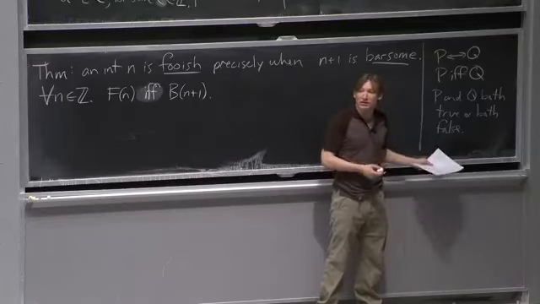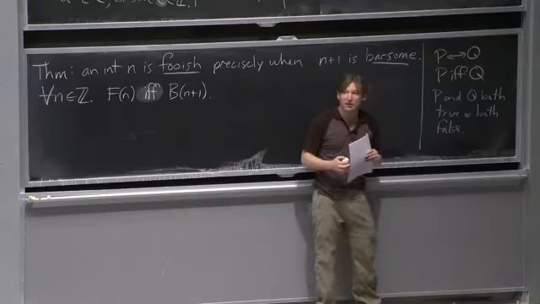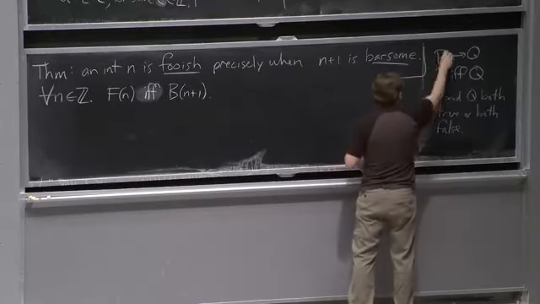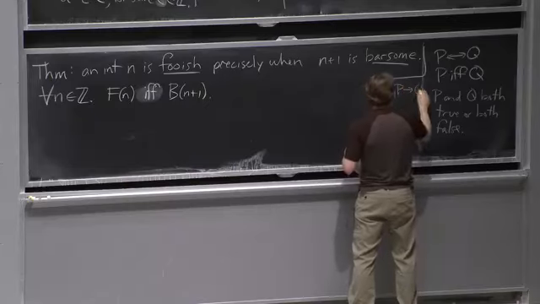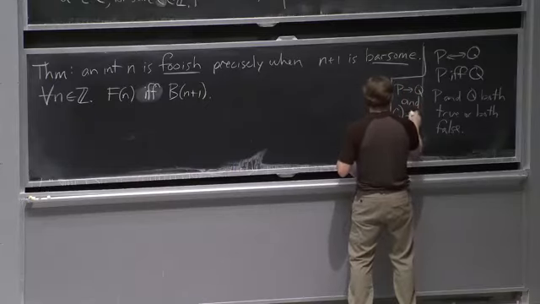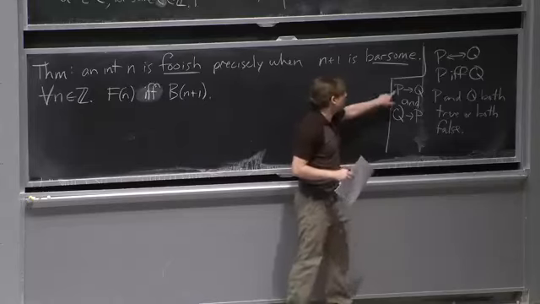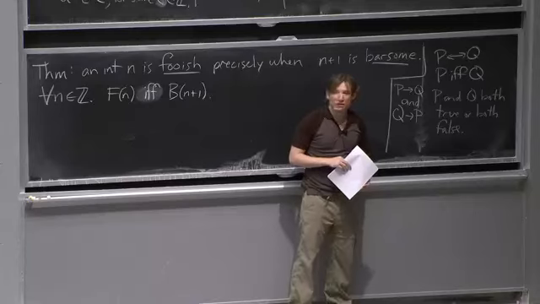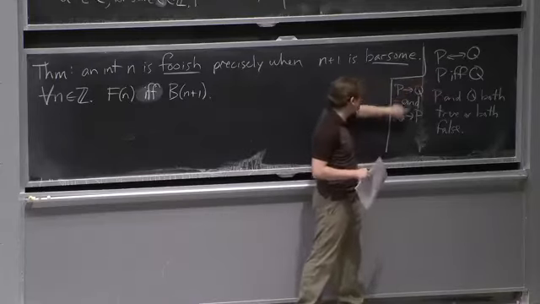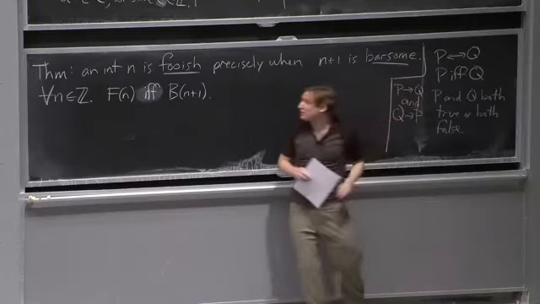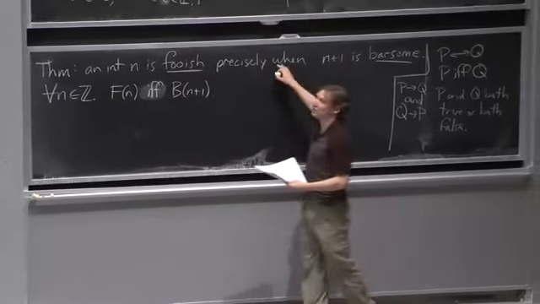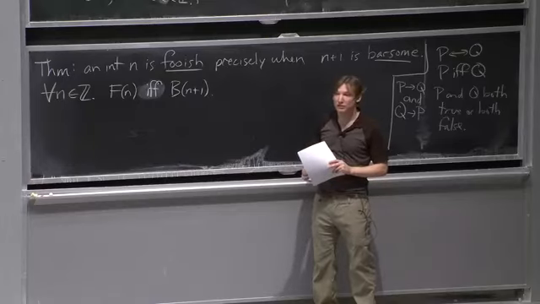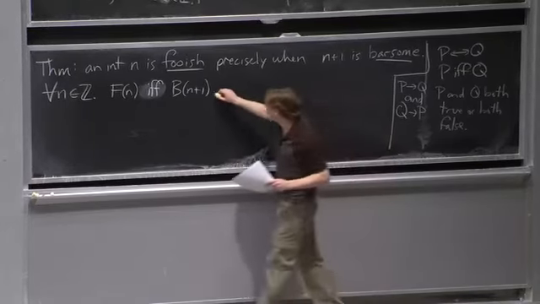One way you can define this, we could just draw the truth table like we did last time, but also commonly, this can be defined as P implies Q and Q implies P. If P is true, then Q is true, and if Q is true, then P is true. All right? And this, if and only if, implies in both directions. This concept is what we mean when we say precisely when. These are true or false together. Sound good? OK. So we have our theorem.